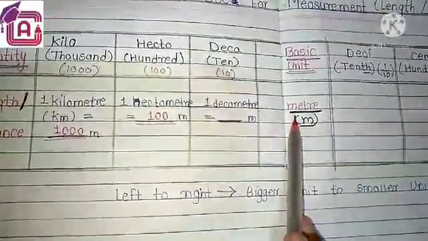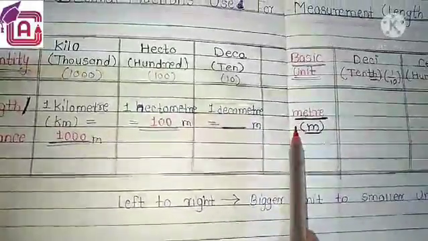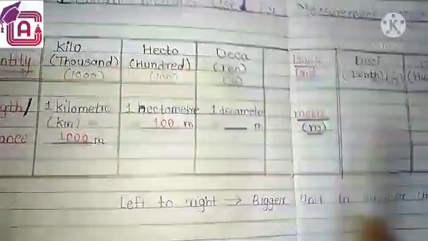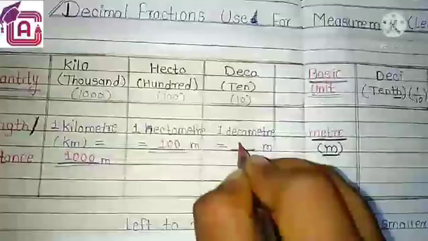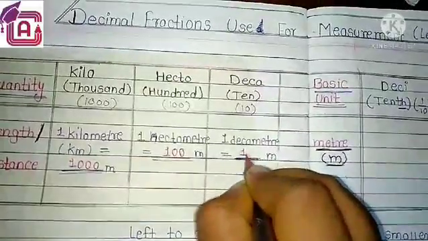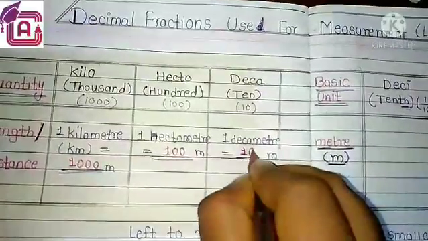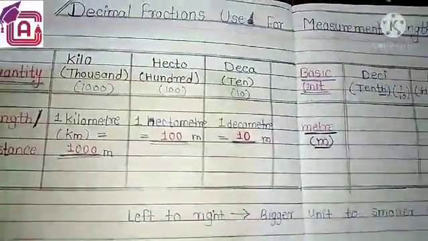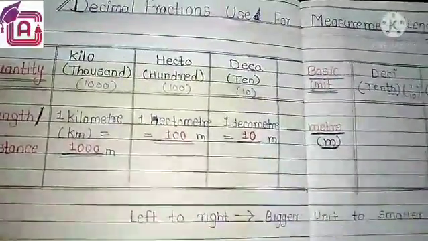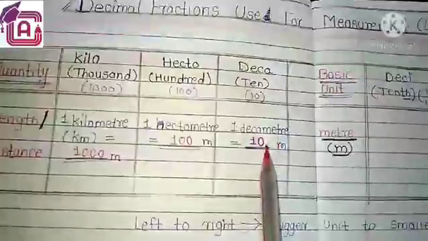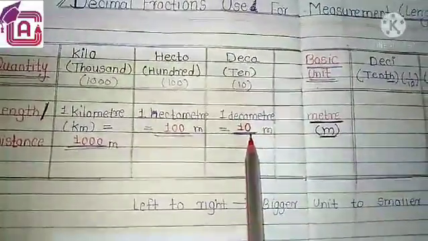So check how many places? Yes, 1 place is only there at the first place. After the deca meter is present. So on a 1 we have to put 1 0 only because 1 place is there after the deca, that is meter is present. So 1 decameter is equal to 10 meter.